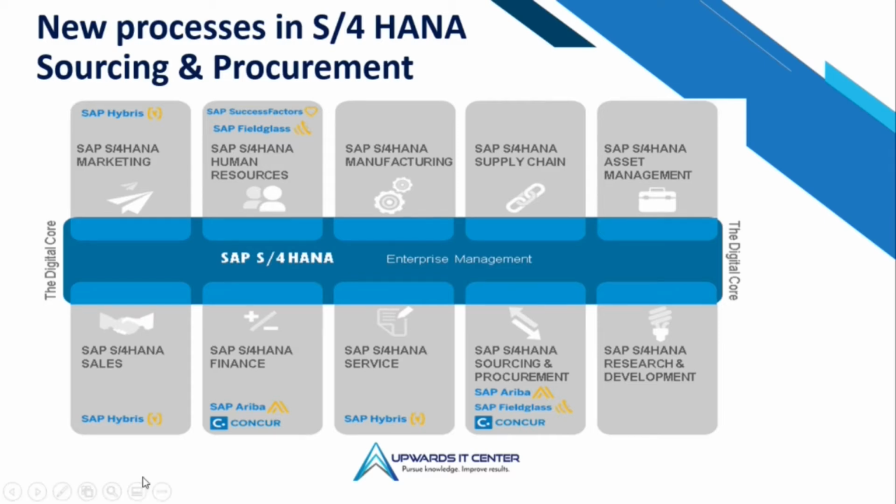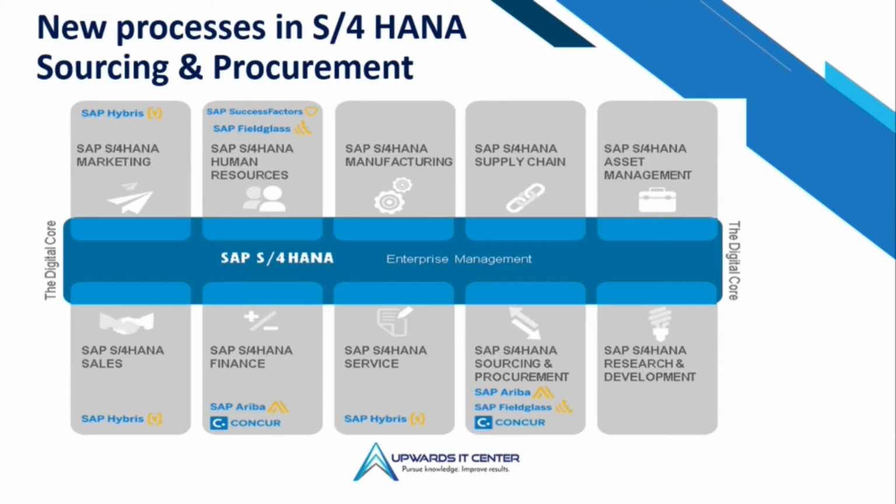As you can see in this chart, inside each business solution, we have some tools or external systems that can be used and integrated with S/4HANA. Therefore, solutions from SAP Ariba, Concur, SAP SuccessFactors, SAP Fieldglass, and SAP Hybris will be used.